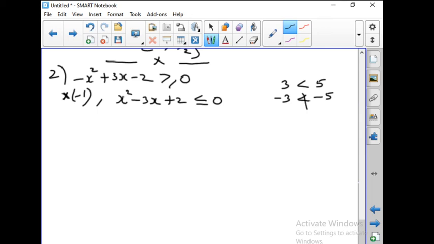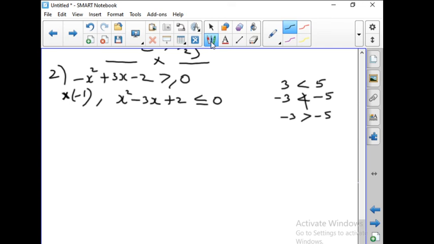No, it is not less than −5, but −3 is greater than −5. That's why it changes from greater than or equal to, to less than or equal to. What is the given question? Given is greater than or equal to.